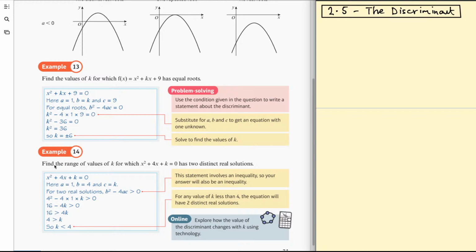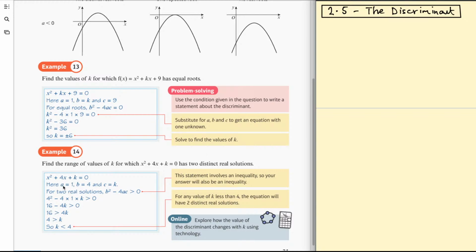The next example says find the range of values of k for which x squared plus 4x plus k equals 0 has two distinct real solutions. So this is another way of saying two solutions, two distinct real solutions. You can kind of ignore these two words here. As long as it says two solutions, you know that the discriminant has to be greater than 0.